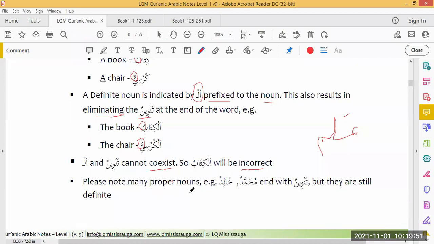Many proper nouns, Khalidun, Muhammadun, Hamidun, Mahmudun, Yasirun, Ammarun, have tanween, but they are still definite. Proper nouns are always definite.